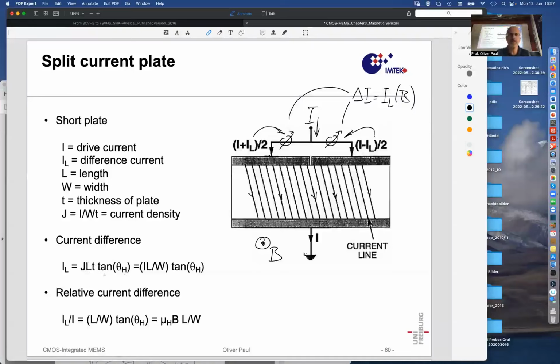And what is L? L is this length here. And actually, this here is the width. Is that so? No, it's wrong. This is the length, and this is the width.